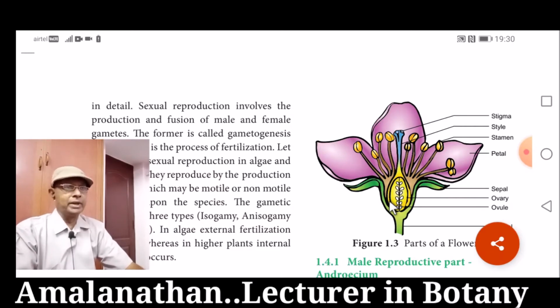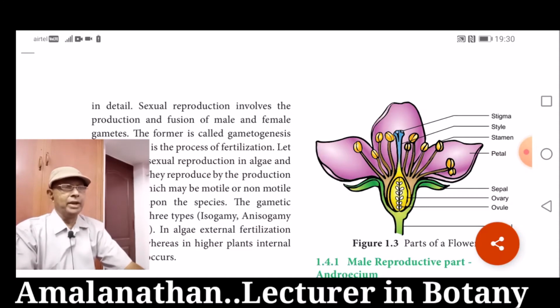Now we will see the pre-fertilization process. Pre-fertilization process involves 2 steps. Number 1, development and structure of the male reproductive part, that is androecium. Second, development and structure of the female reproductive part, that is gynoecium.